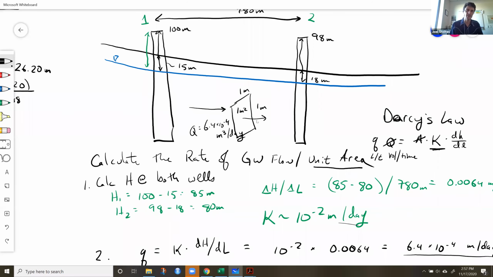If you don't define an area, you can just say little q is moving at 6.4 times 10 to the negative 4 meters per day. So you could think of that as a velocity, basically.